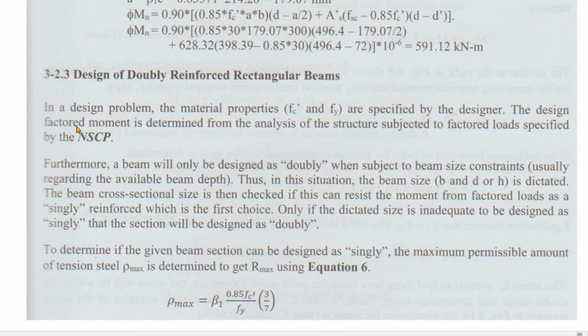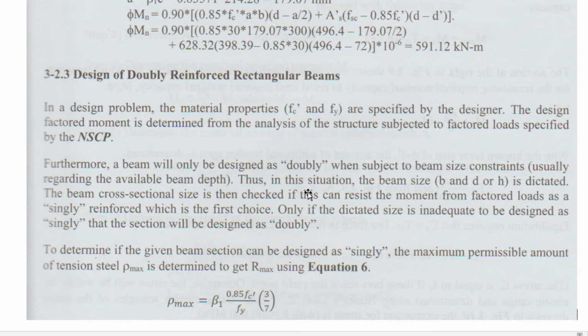In a design problem, the material properties fc and Fy are specified by the designer. The design factored moment is determined from the analysis of the structure subjected to factored load specified by the NSCP. Furthermore, a beam will only be designed as DRB when subject to beam size constraints.